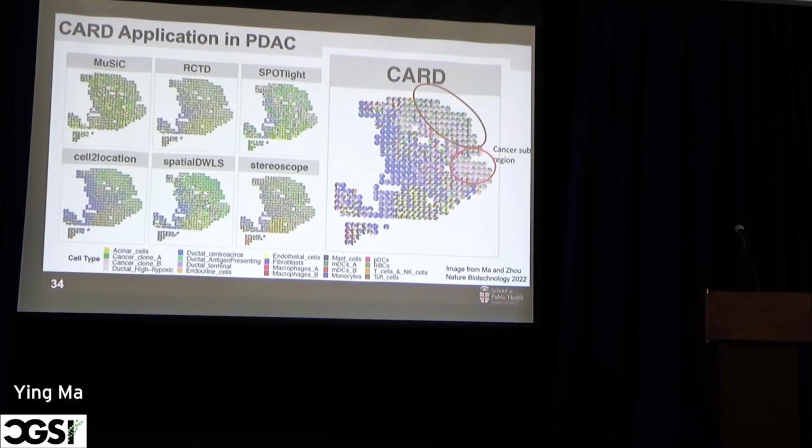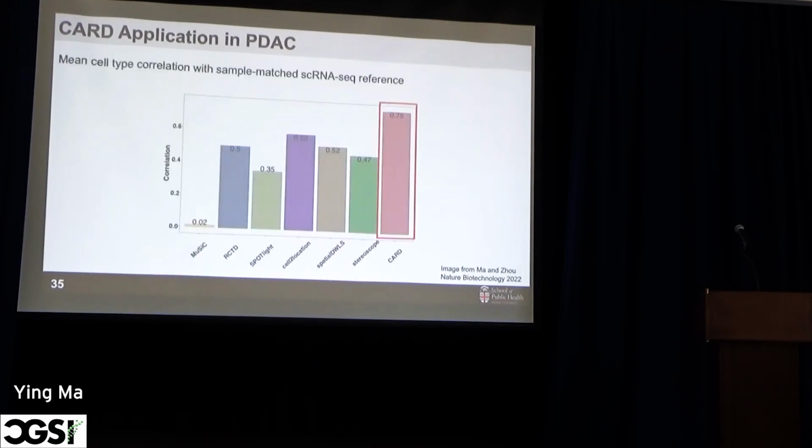The upper region is mostly dominated by both cancer clone A cells and cancer clone B cells, and the bottom region is mainly dominated by cancer clone B cells. Later, after our method was published, another method integrated histology information, though not working on deconvolution. They also found that there are indeed these two region-based intratumor heterogeneity.